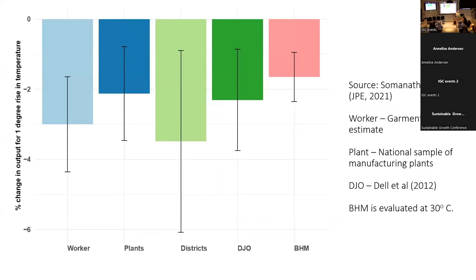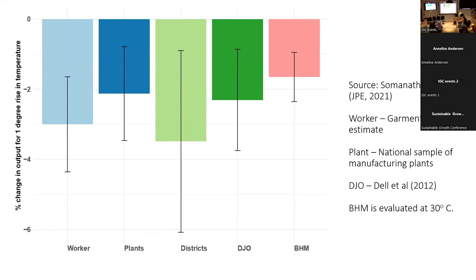So we can compare this. This is from the same paper, and this is just to give you a sense of effect sizes at different scales and frequencies. On the left is the worker level data from some of those garment plants, the ones without climate control. The second bar is the annual nationally representative panel of plants.